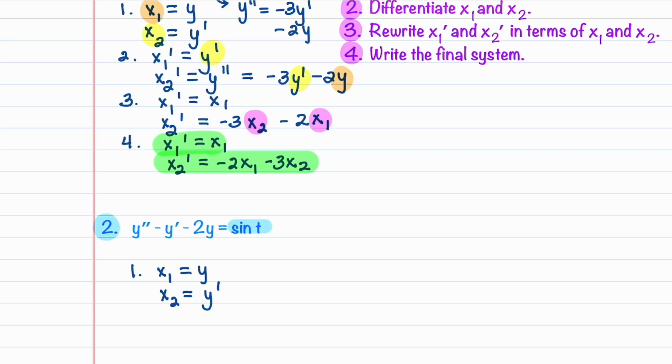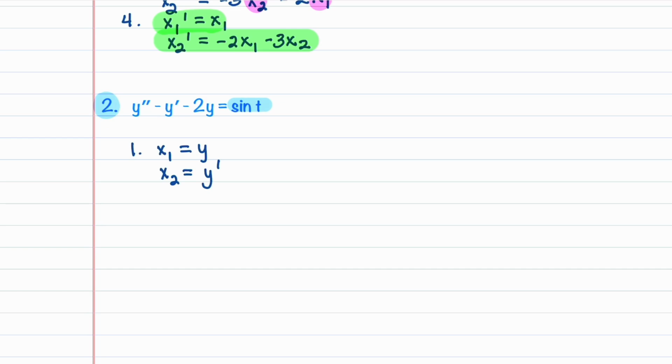If you're going to memorize anything, those are the 2 equations that might be worth memorizing, because that's our starting point. In step 2, we are going to differentiate both of these new variables. We have x1 prime is equal to y prime, and we have x2 prime is equal to y double prime.